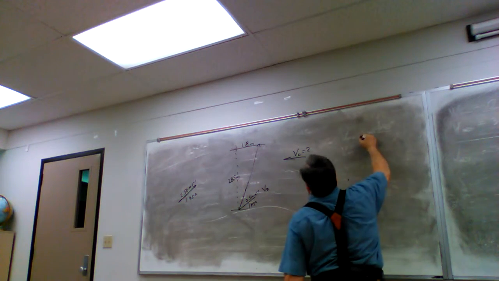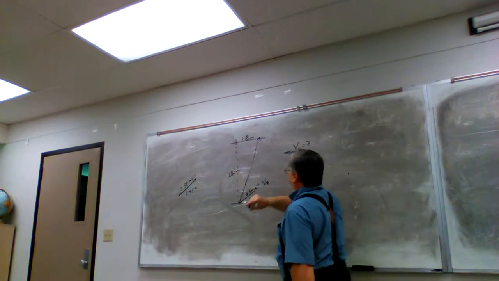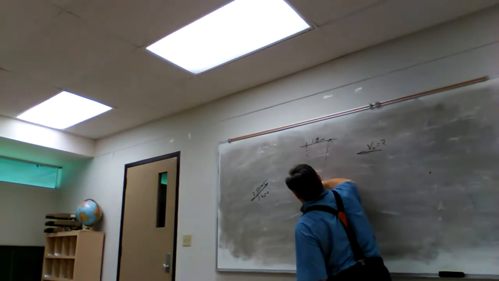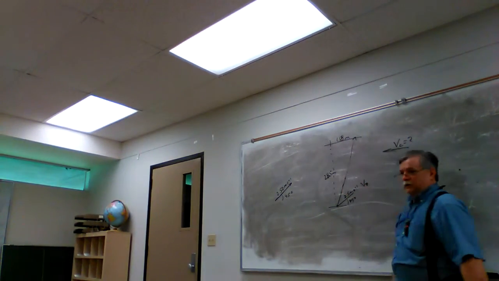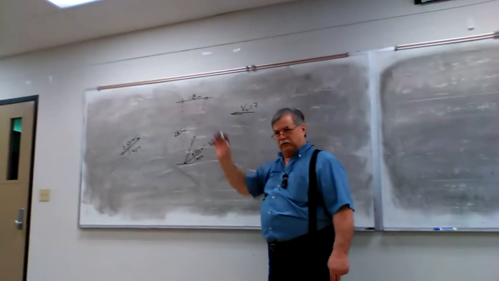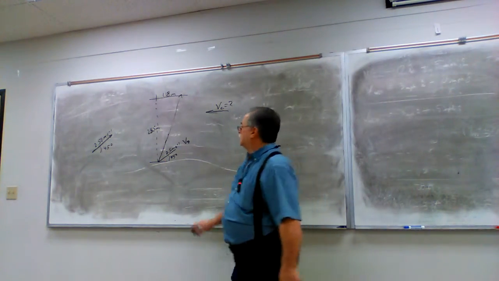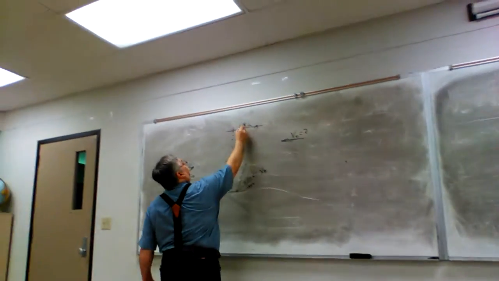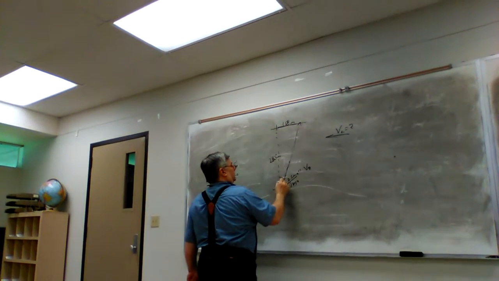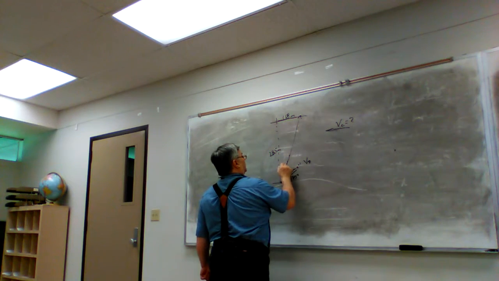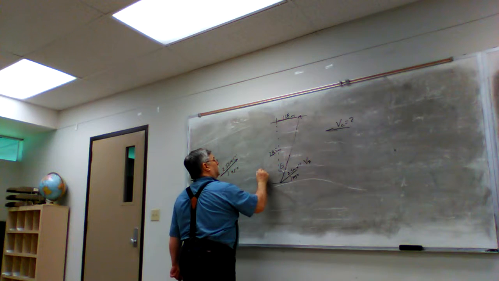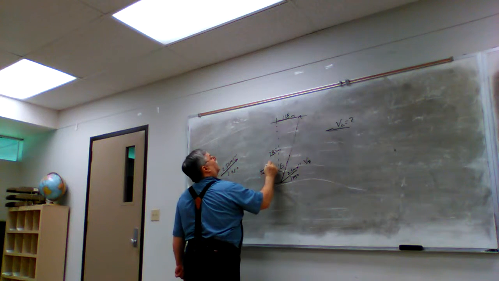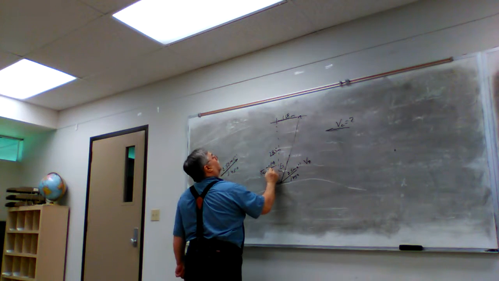What we want to find out is, what is this angle here? The angle of the resultant actual velocity. We can find this angle as the inverse tangent of 118 over 285.